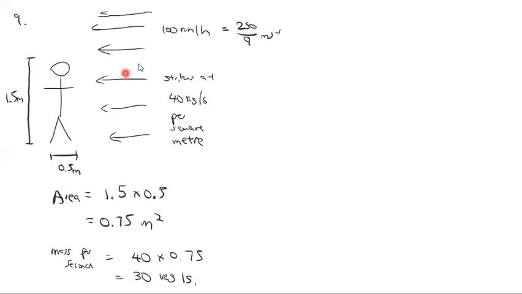And so we can calculate the change in momentum for the wind. In 1 second, you've got 30 kilograms times 250 over 9.